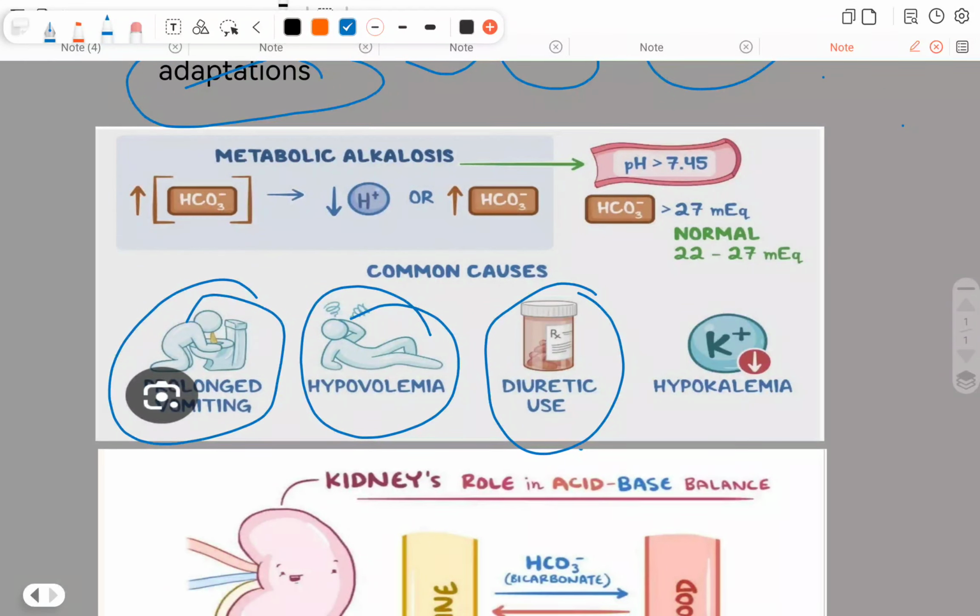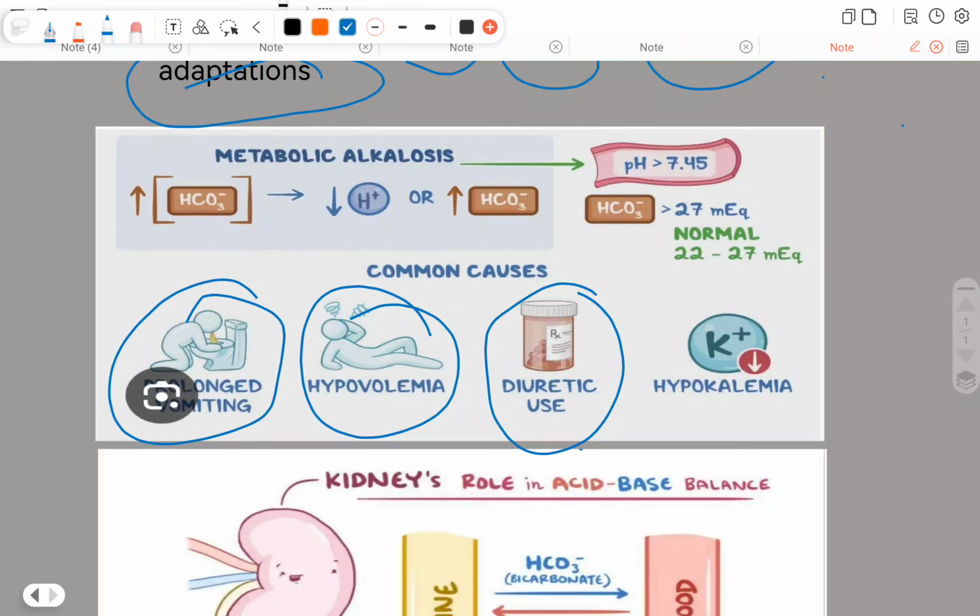Diuretic use means that when we use diuretics, many diuretics have to discharge sodium, potassium, and hydrogen from the kidneys for increasing the amount of urine in the organism.